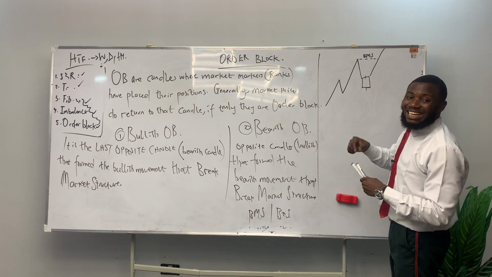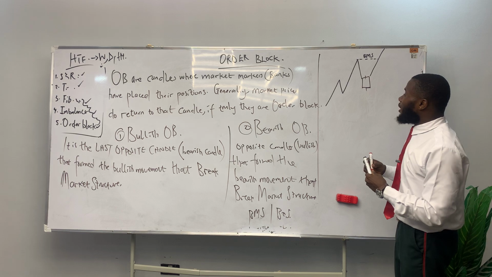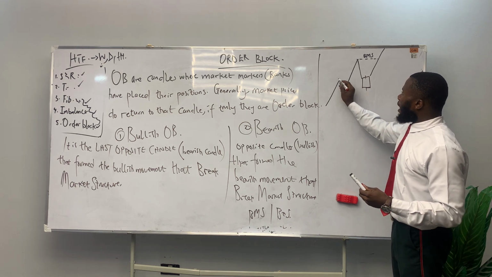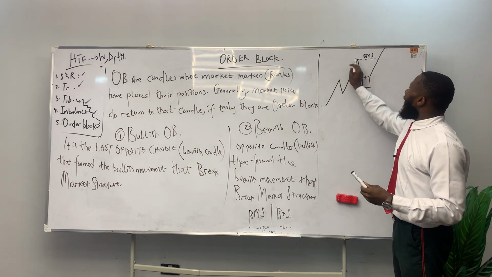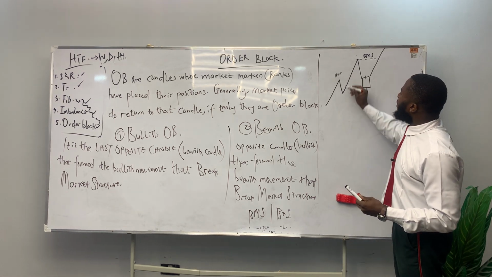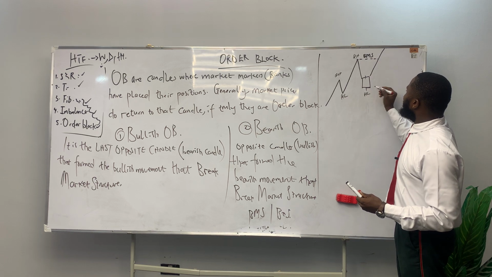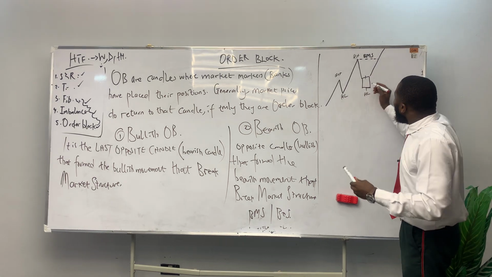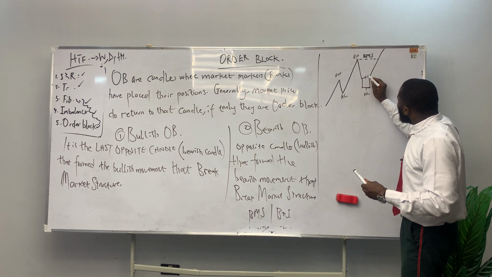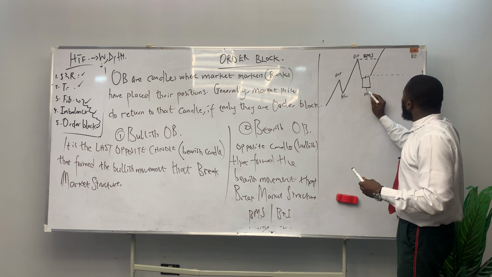Don't forget that this is higher high, higher low, higher high, higher low. So we are not saying that the market will come to this candle. Do not use your rectangular tool to mark out this candle down.